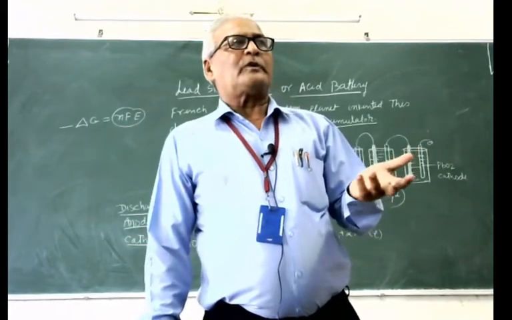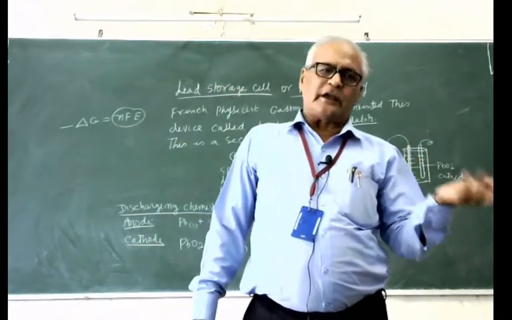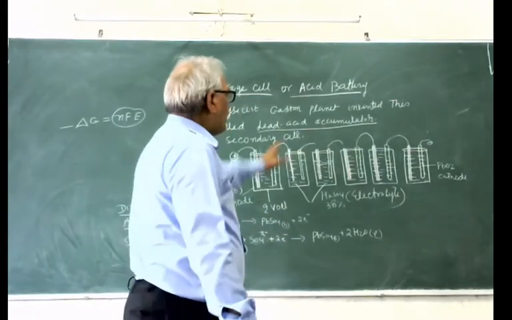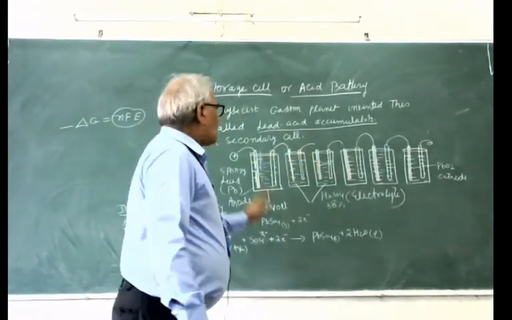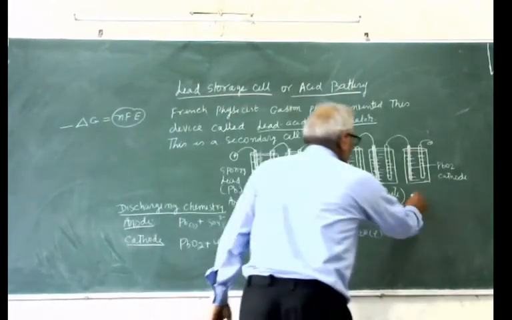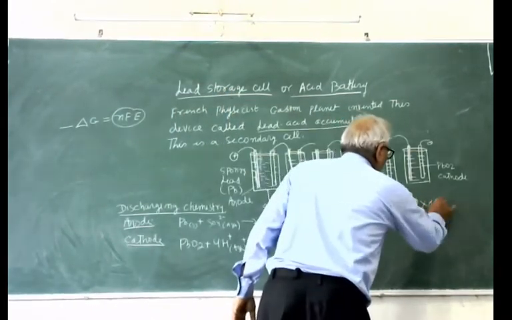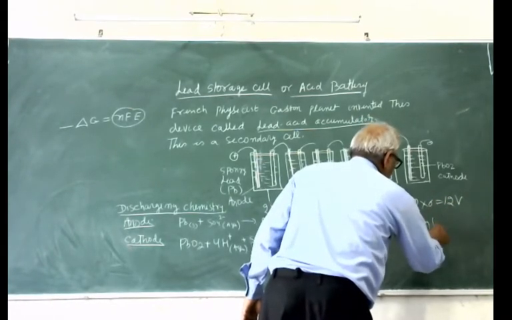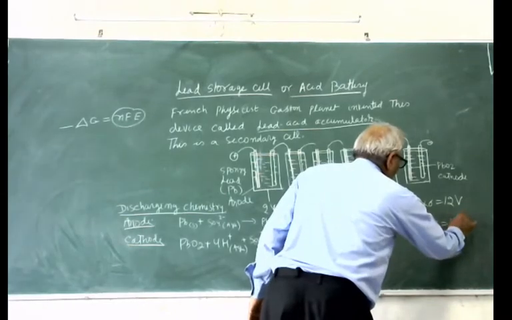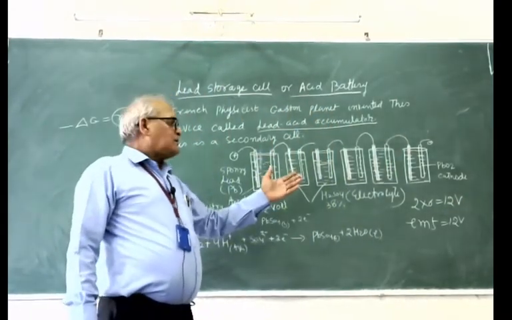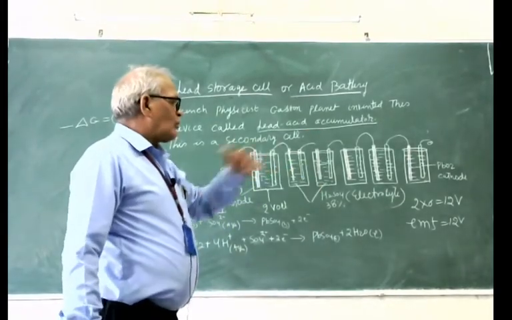So the total voltage of this battery is 2 into 6 equal to 12 volts. So E is equal to 12 volts. See, the voltage of the battery is 12.